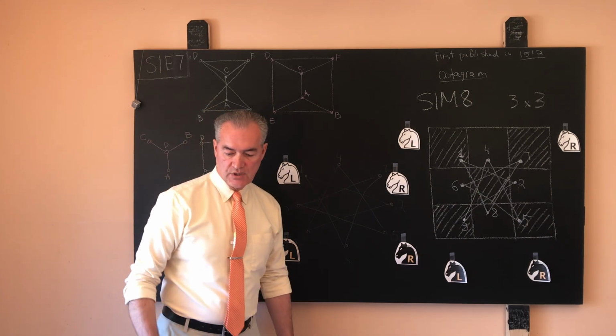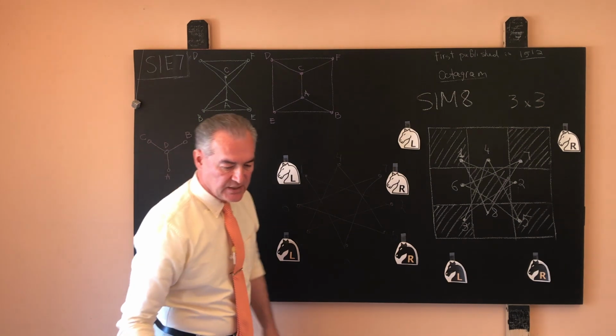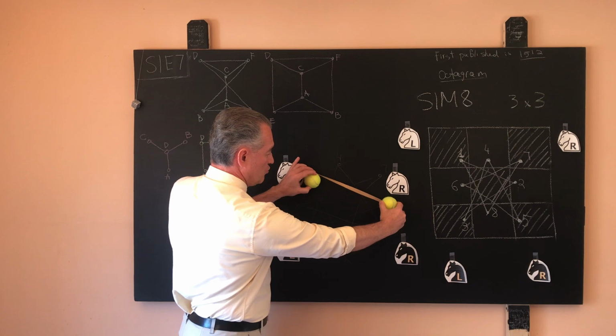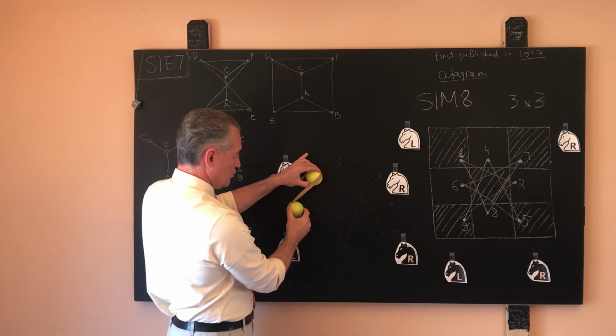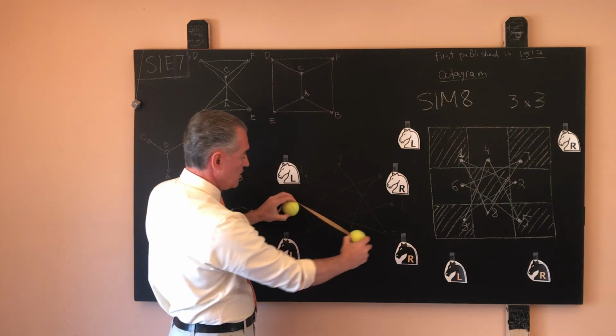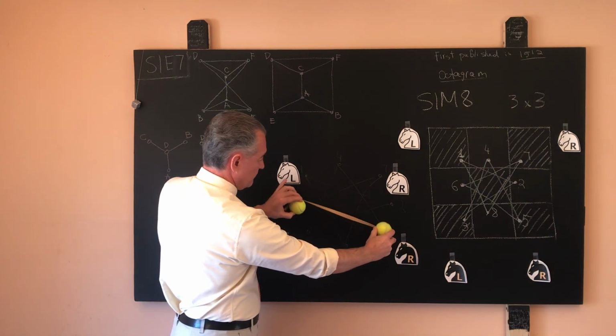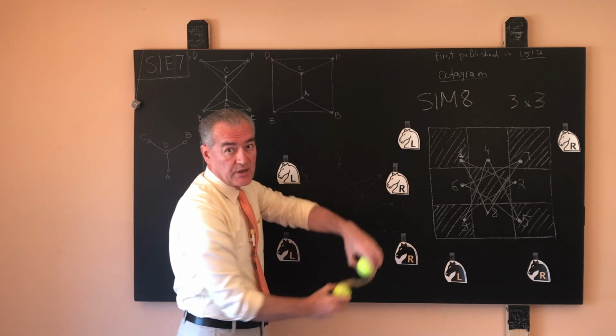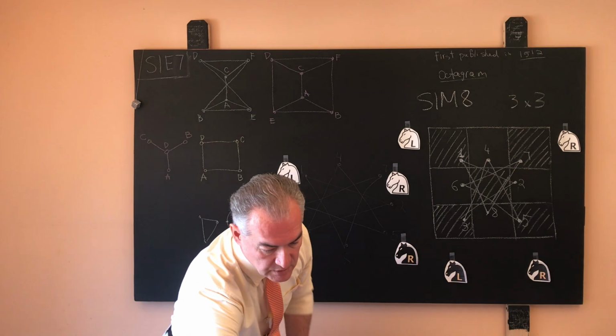And the way we do it is by, for example, taking the vertex number 2 and flipping it into the position occupied by the vertex number 6, and at the same time we take, for example, the vertex number 6 and flip it into the position that was occupied by the node number 2.